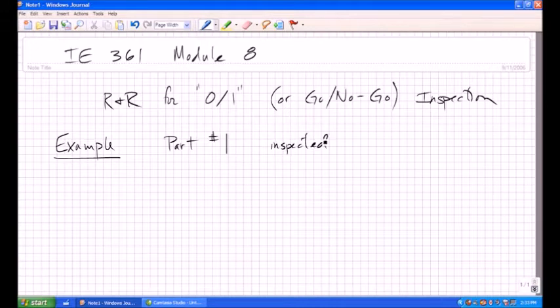For sake of argument, let's suppose that it is inspected a fixed number of times, so inspected m times by each of, for sake of argument here, we'll talk about j equal to 3 operators.